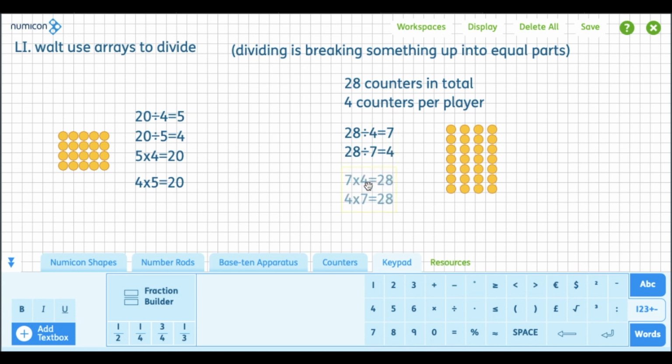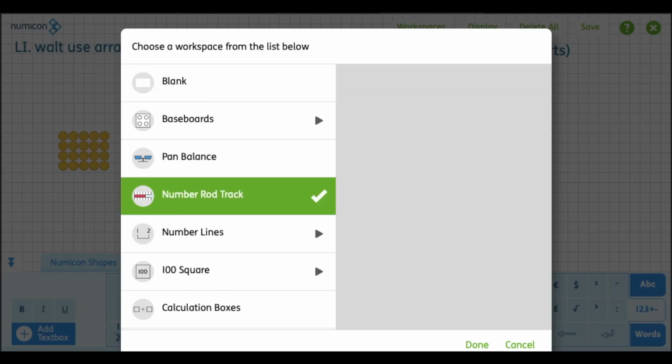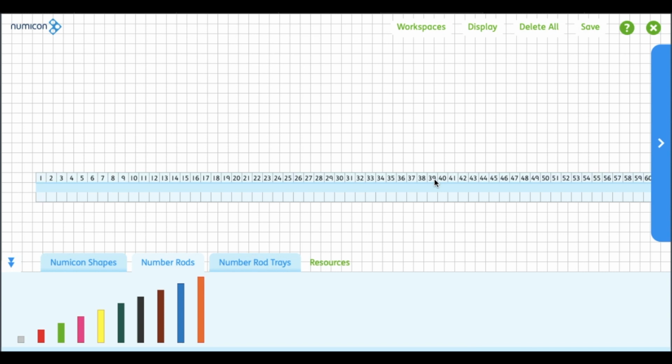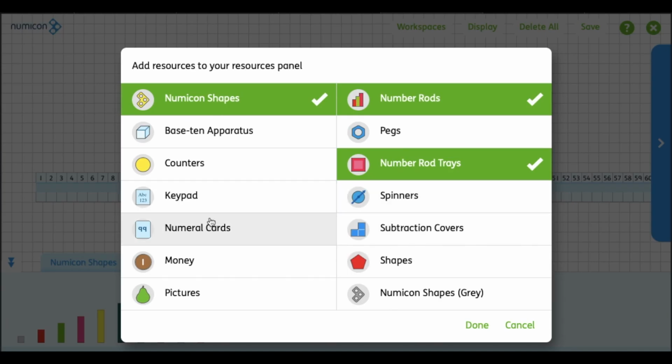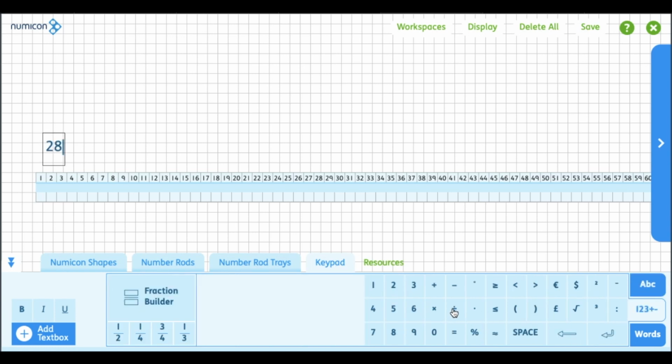All right, now when we're thinking about dividing, it doesn't have to be in an array. We could pop in a number track here. Oh, just deleted everything. Didn't like that very much. Oh well, doesn't matter. Okay, and where we had 28 before, so we had 28 divided by 4. And we're trying to work out what that meant.